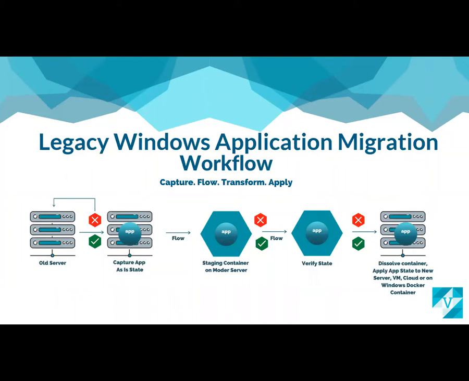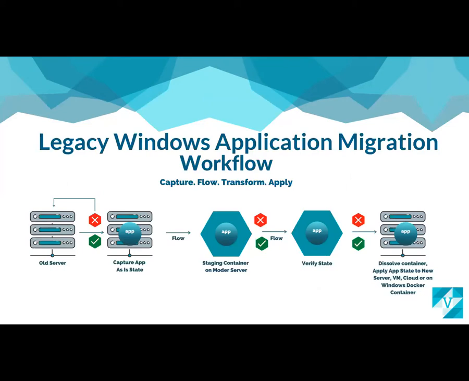And because our solution is primarily installed on the destination server, we have established a staging container. And that staging container takes advantage of that modern operating system. And it's in that container that you have the ability to verify that the copy of the application taken from the old source operating system functions properly in that net new operating system.